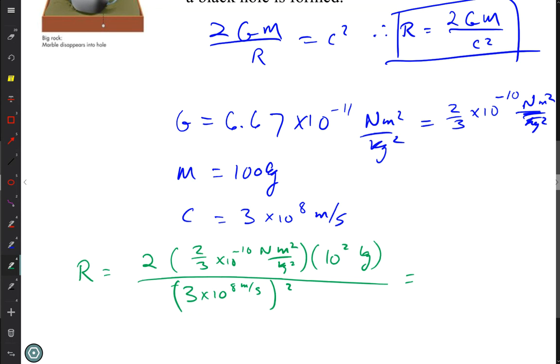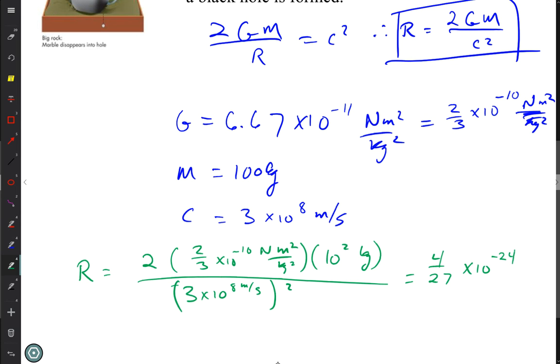So if you go through and do your math, first let's just do the numbers. 2/3 times 2 is 4/3, right? And 4/3 divided by 3 squared, or in other words, divided by 9, would be 4/27. And then looking at our powers, 10 to the minus 10 plus 2, so 10 to the minus 8. 10 to the 8th squared is 10 to the 16, so minus 8 minus 16 is minus 24.